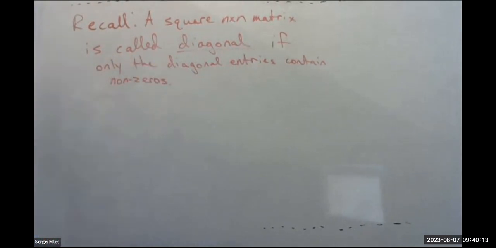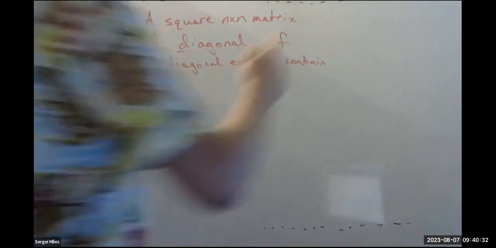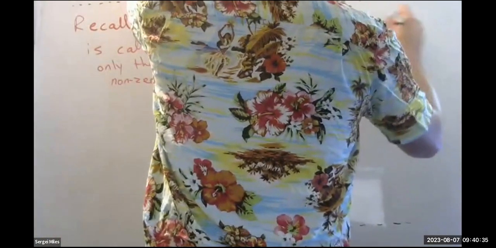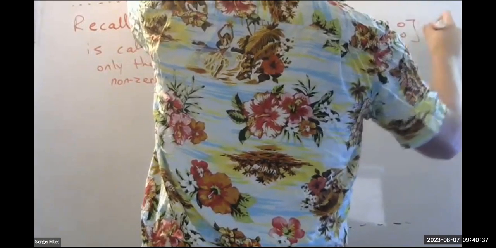Right? In other words, anywhere that is not the diagonal must be 0. The only place you can have not 0 is on the diagonal. Now, that does not mean the diagonal has to have non-zero entries. It just means that's the only place you can have non-zero entries, right? So the zero matrix, for example, is diagonal.